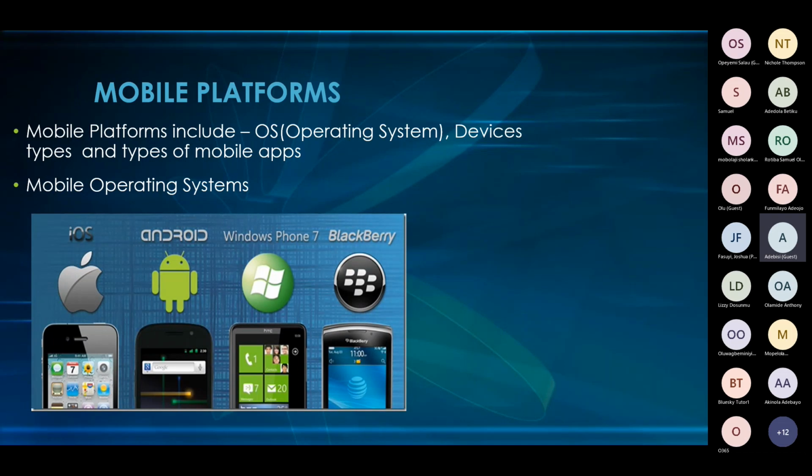So, first of all, what is this operating system that we are talking about in mobile platform? Technically, an operating system is software designed for mobile phones to run all the mobile functions on the hardware.